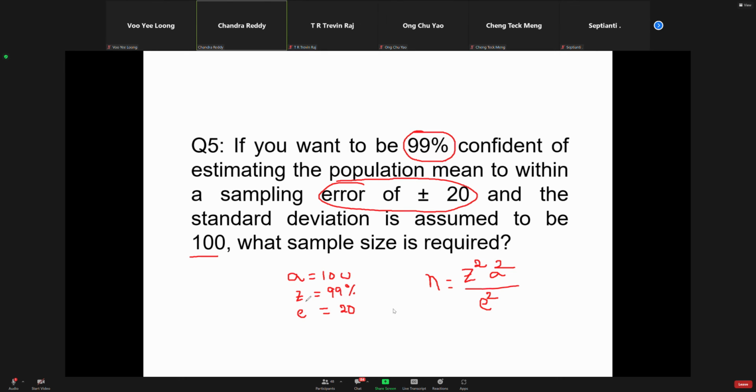Here we are looking at alpha over 2 for 99%. You need to look for the 99% value. What is the Z value for a 99% confidence interval? You may refer to the tables for the 99% confidence interval.